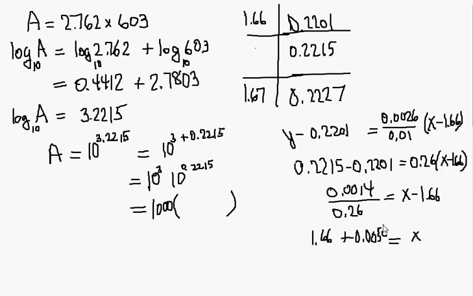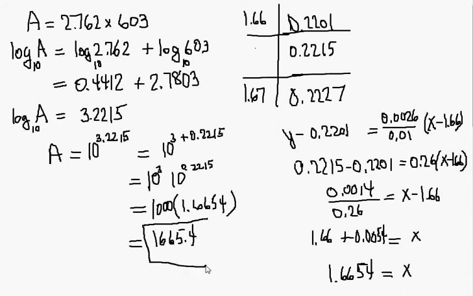And so x is 1.6654. So we'd have 1.6654 that goes here. And then multiplying by 1,000, we get 1,665.4 as our estimated product. And so that would be the answer to the product.